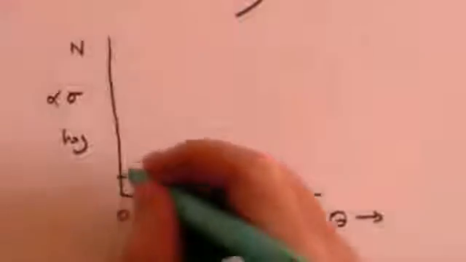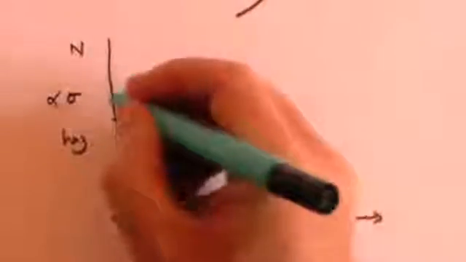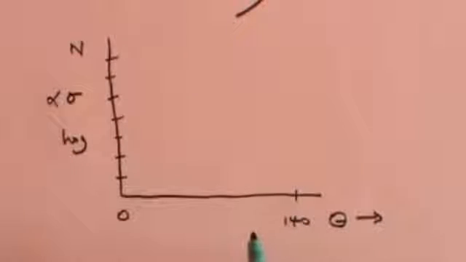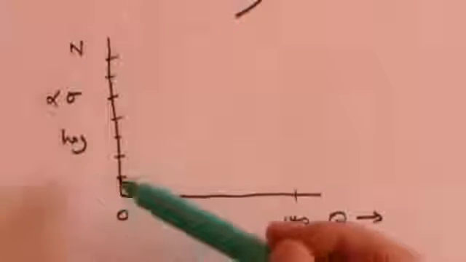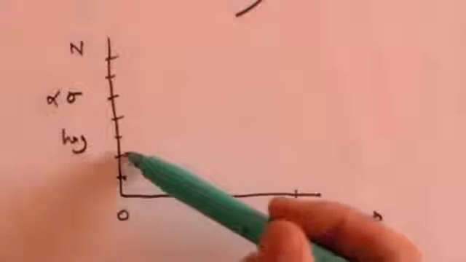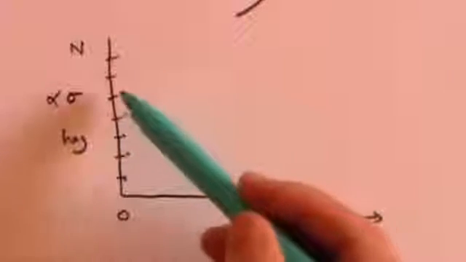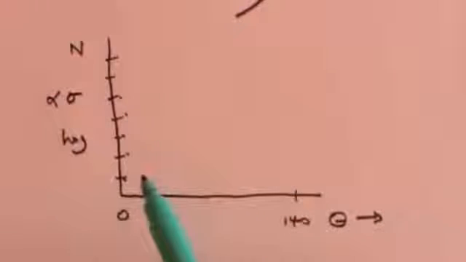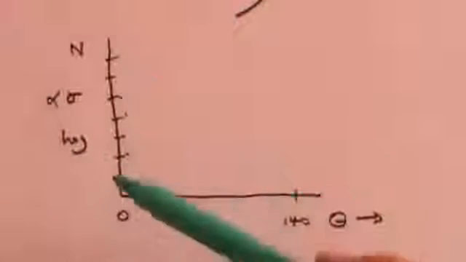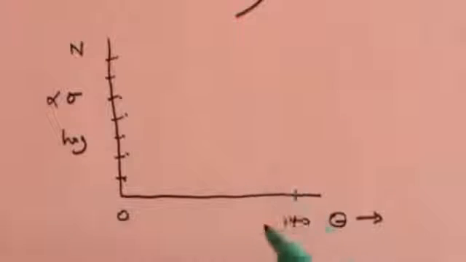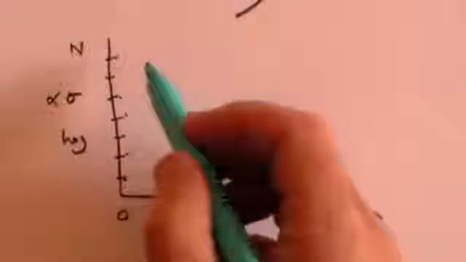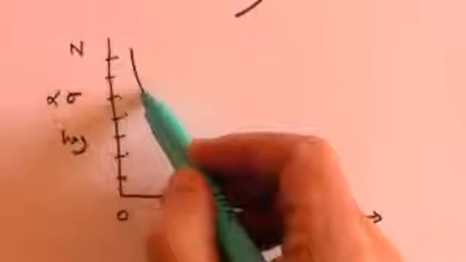A log scale is one where instead of going 1, 2, 3, 4, 5, 6, 7, you actually go up by tenfold in every step. So if this is 10, this will be 100, this will be 1,000, 10,000, 100,000, and so on. So in other words, this condenses the scale, otherwise you need a piece of paper that's a mile long. And what they found was that the number of alpha particles according to the angle fell like this.